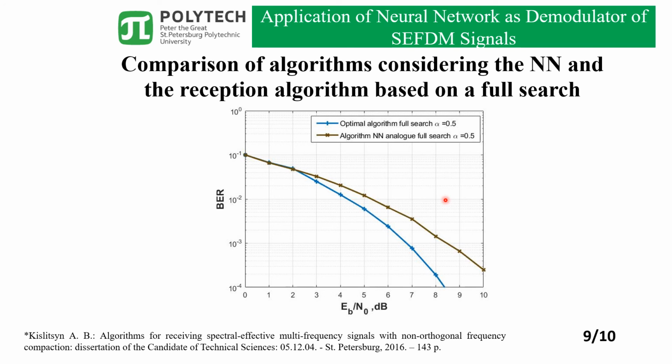The energy gain presented here is 1 decibel, and it is the energy gain of the optimal full search algorithm at a probability of error 10 to the minus 3 with a compaction coefficient equal to 0.5.